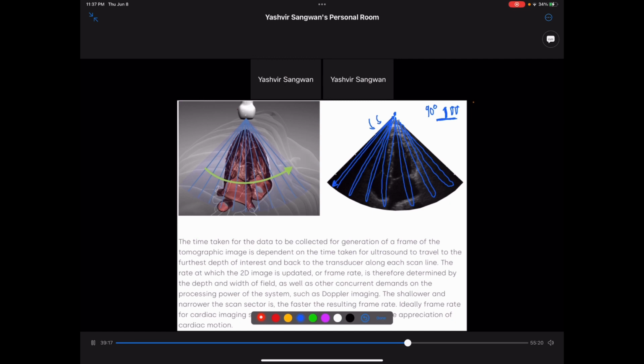Now if your heart or the valves or anything is moving faster than your frame rate, okay, your frame repetition rate or the frame change rate, what will happen? You won't see the movement. And that is the exact same thing that happens when you look at a car and you see that the car is going forward, but you feel that the tires are going backwards.